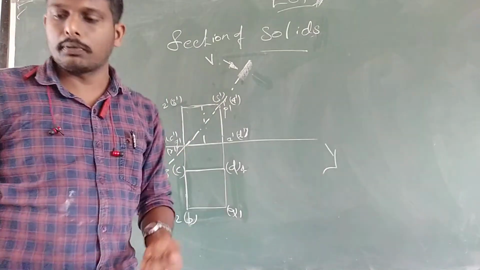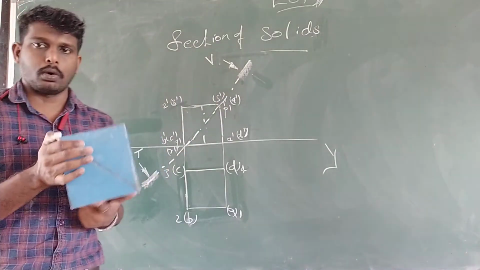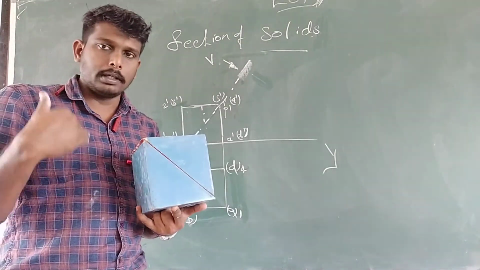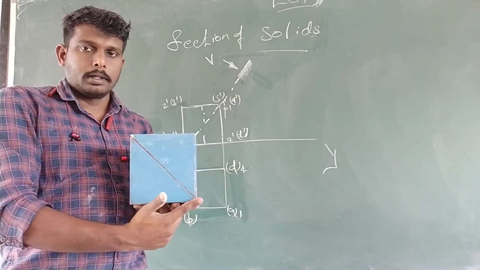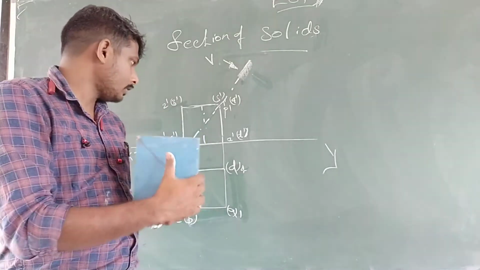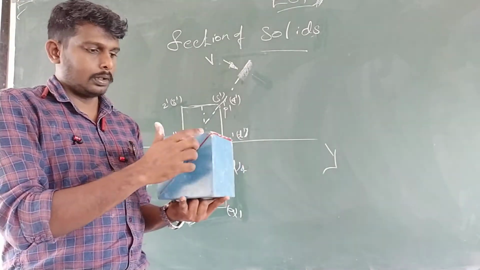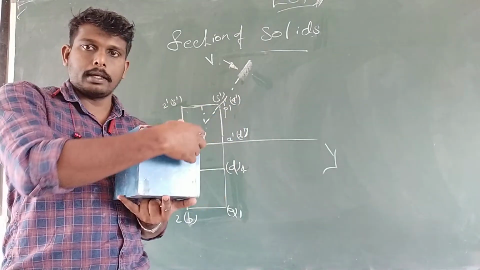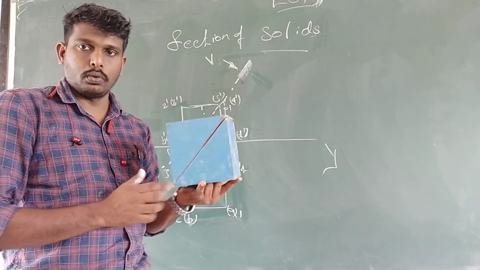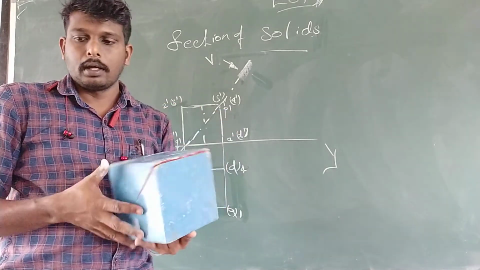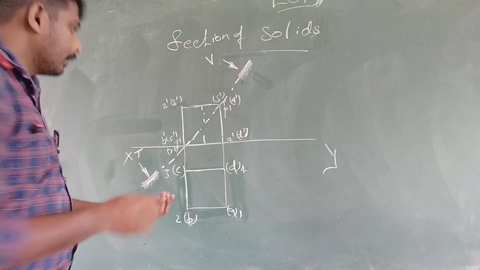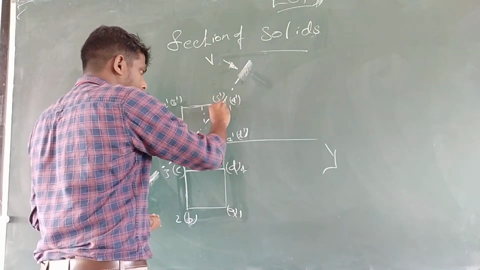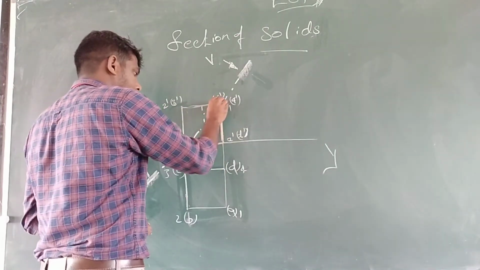Actually, there is no need for separate naming because it's already a corner, but to compare with a problem we name it in a particular way. So here P, Q, R and S. Okay, I section the solid. Now after section, this is the thick line. This is the only portion which is remaining.